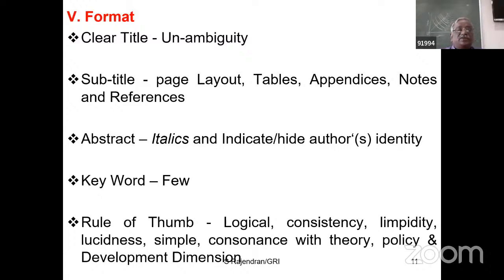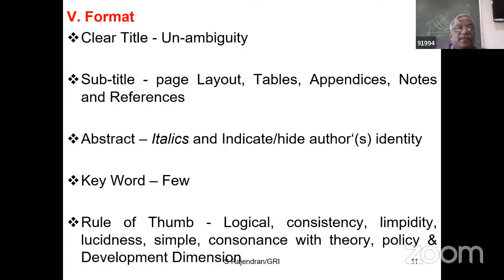Now, similar to the research proposal title, your format should have a very outright and clear title, unambiguous, without incorporating many subtitles. For instance, recently I received one thesis again.